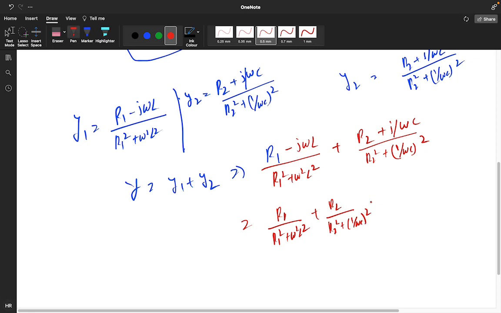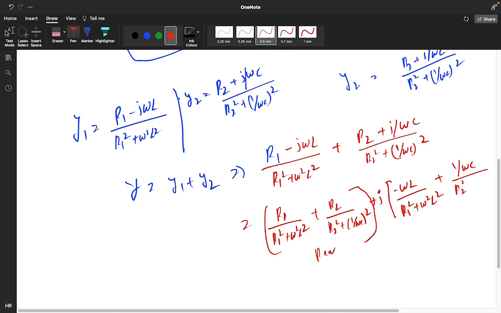And if you take the j common, what you will get? This is your real part. And from this, minus omega L divided by R1 square plus omega square L square, plus 1 by omega C divided by R2 square plus 1 by omega C the whole square.